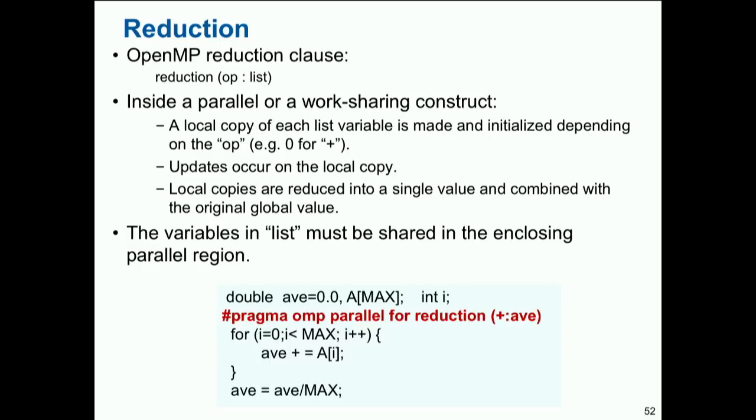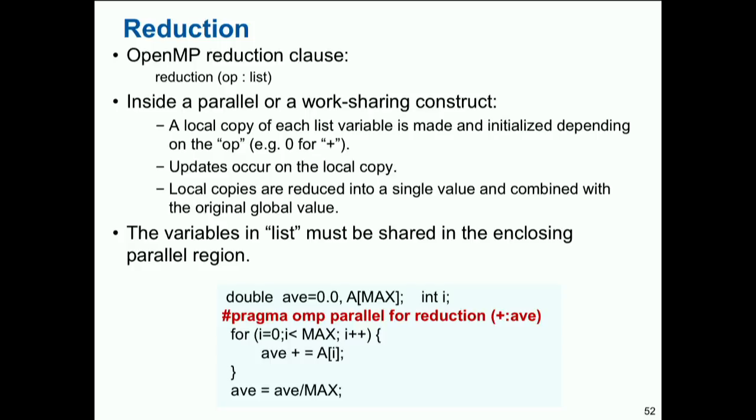And what is the variable you're reducing on? Average is not a keyword here. Average is a variable, AVE. So you say, what is the operator? Operator is plus. What's the variable that you're reducing on? It's the AVE. Is that the right pronunciation? Maybe. And you're done.